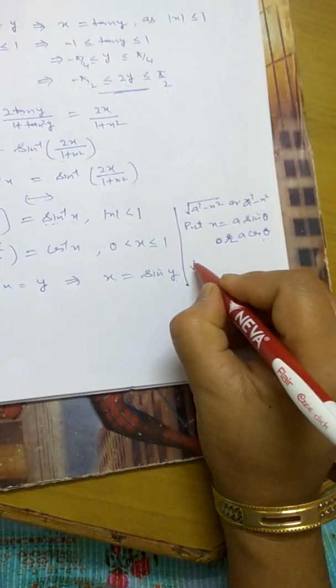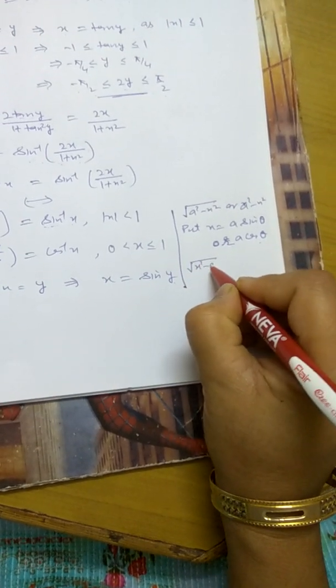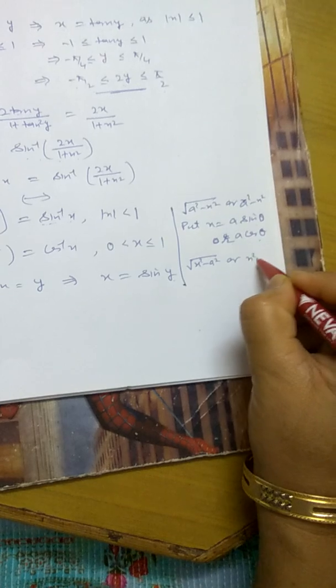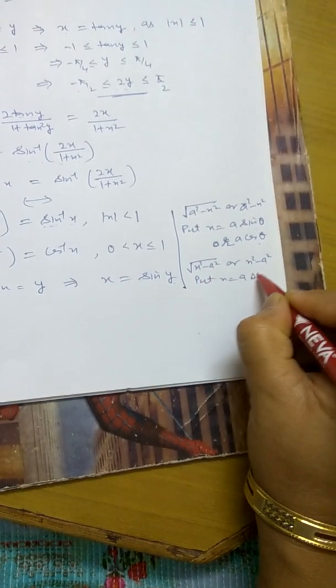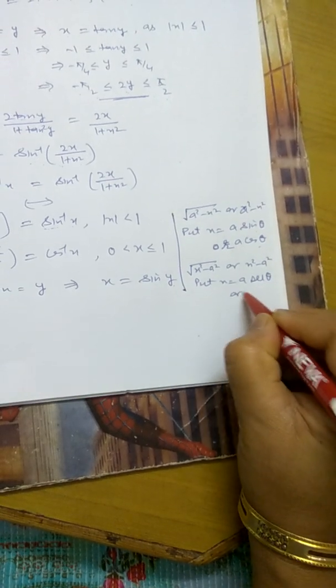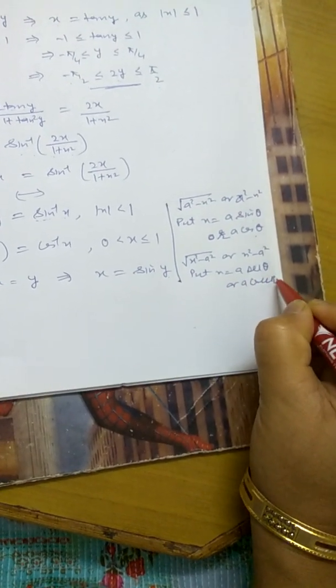If the term contains root of (x square minus a square) or x square minus a square, then you put x is equal to a secant theta or a cosecant theta.